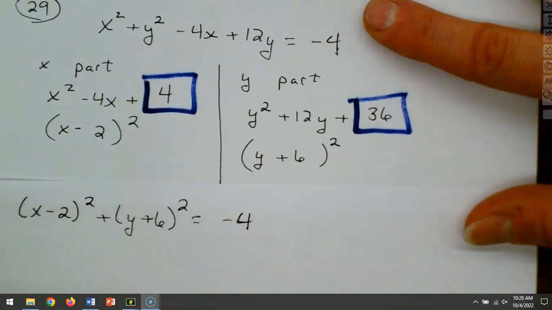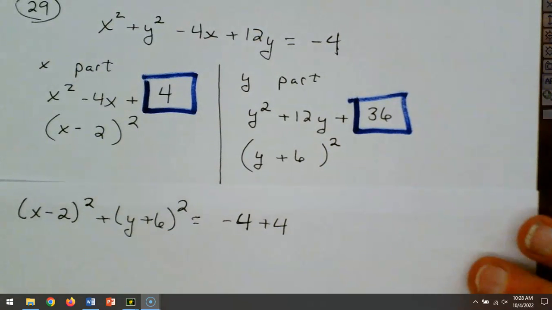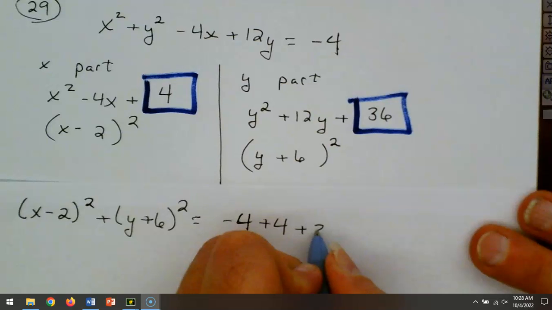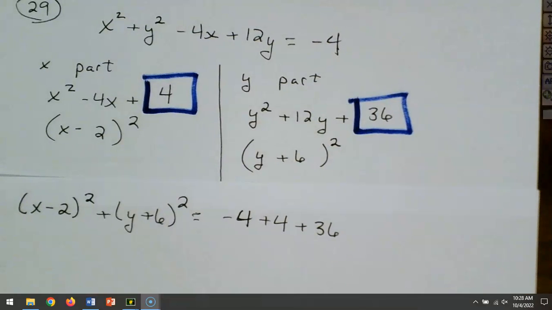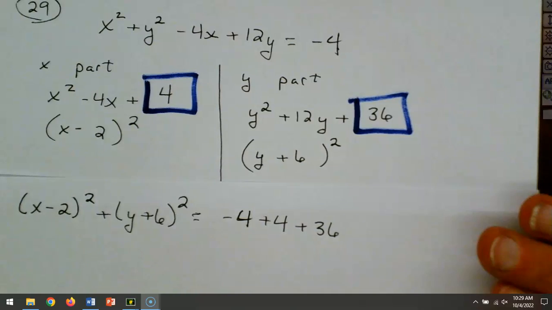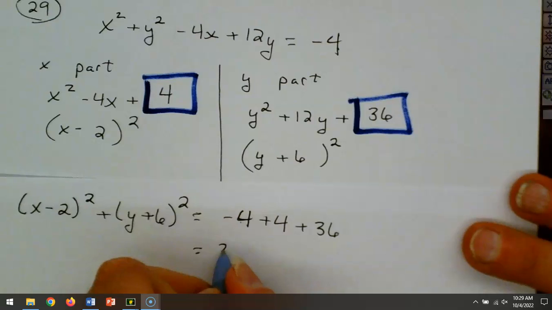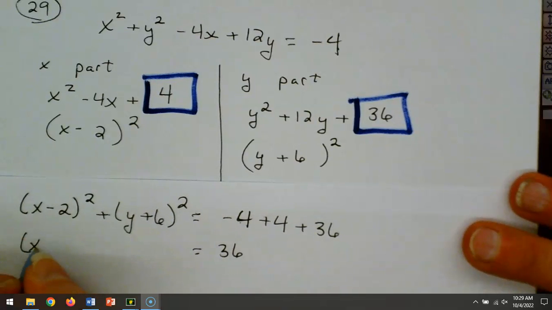What did we add in to force it to factor? What are our boxes? We added in 4, and we added in what? 36. Whatever you add to one side, you add to the other. So you just add them, and then what does that give you? Well, minus 4 and 4, those cancel, so that leaves you with this 36.